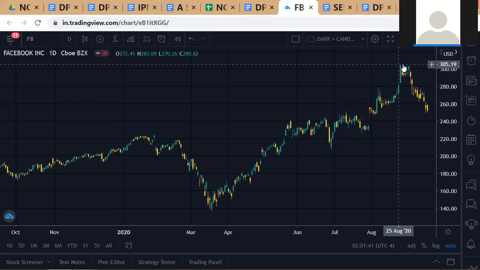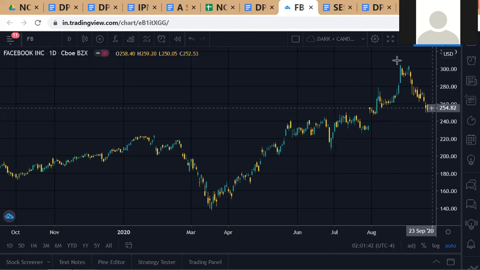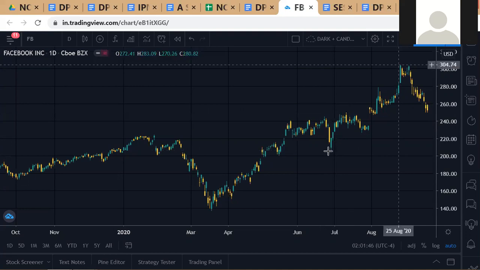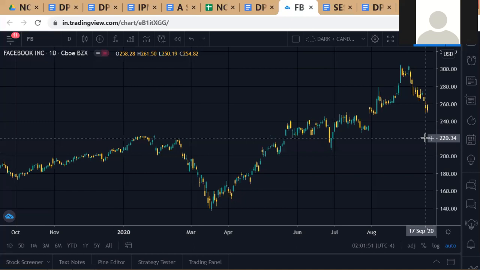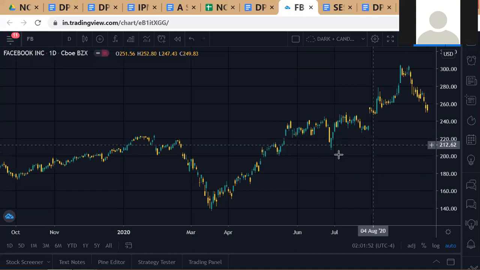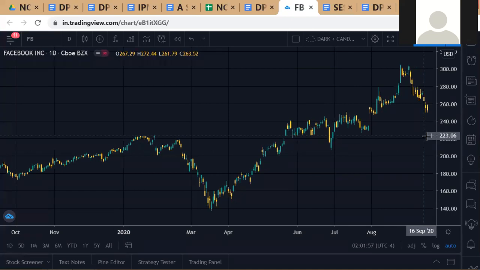Now, as it goes to a new high above 305, this low would not have been broken. It will only come to 220. So you had a higher low, another higher low, another projected here, and a projected new high above 305.